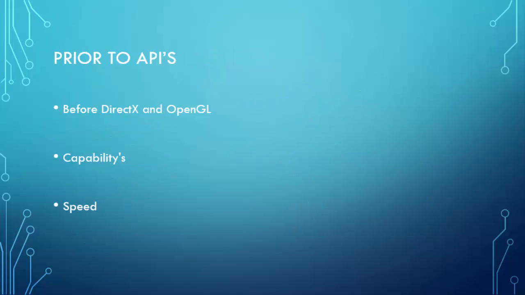So, prior to APIs, before DirectX and OpenGL, people used software rendering. Pretty much rendering off CPUs or specialist hardware. So, say arcade machines, their motherboards had specific processors designed just for running games. They didn't have graphics cards back then, or APIs designed to access lower level functions.